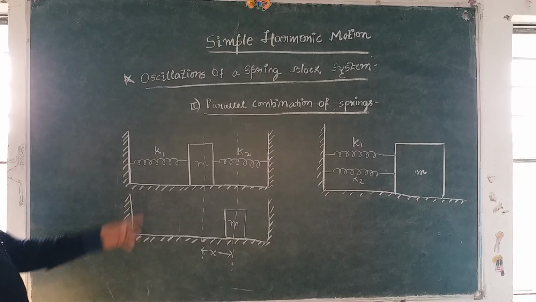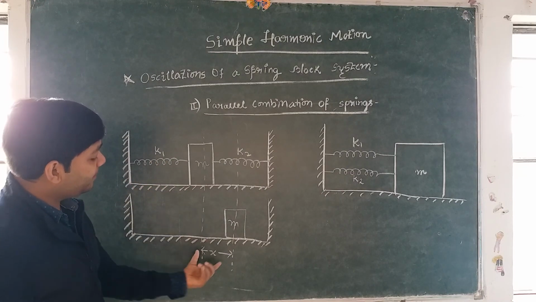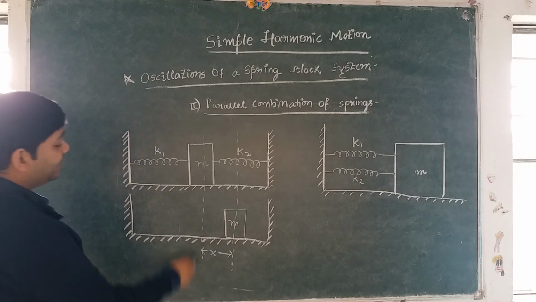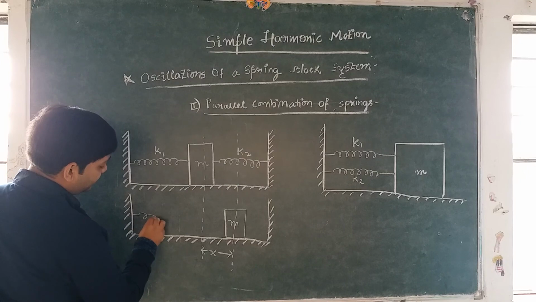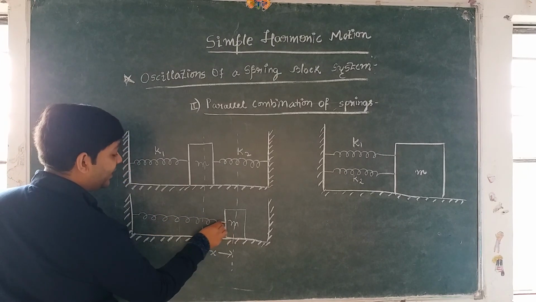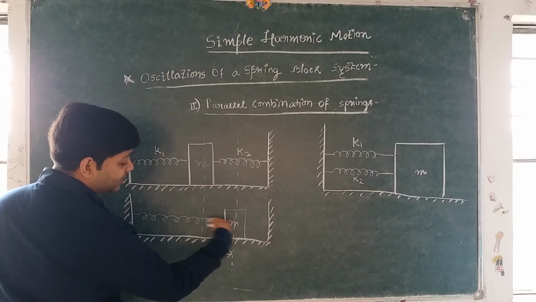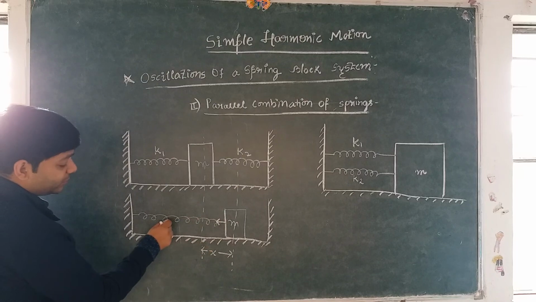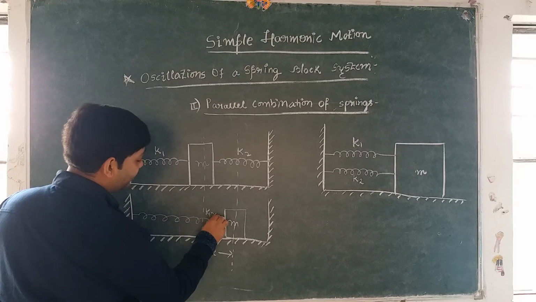So you can see that this spring will get elongated by x. The extension in its length will be x. So this spring will get elongated by x, and therefore there will be a restoring force which tries to restore the natural length of the spring, and it will be equal to k1x, right?